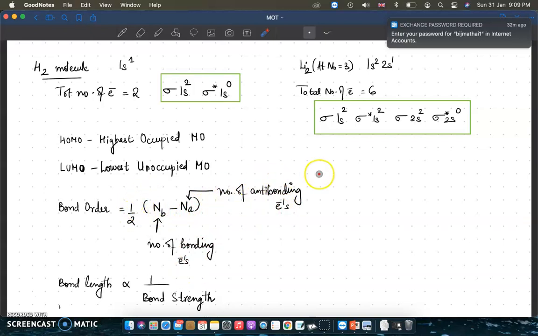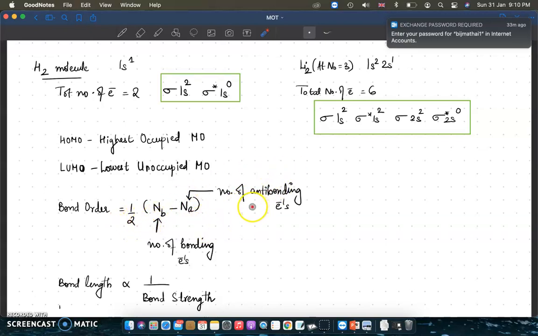For lithium, the number of bonding electrons is 2 electrons here and 2 electrons here, so a total of 4 bonding electrons are present in Li2. The total number of anti-bonding electrons in this anti-bonding molecular orbital is only 2. So the value would be 4 minus 2, that is 2, divided by 2, so it would be 1. So the bond order is 1.